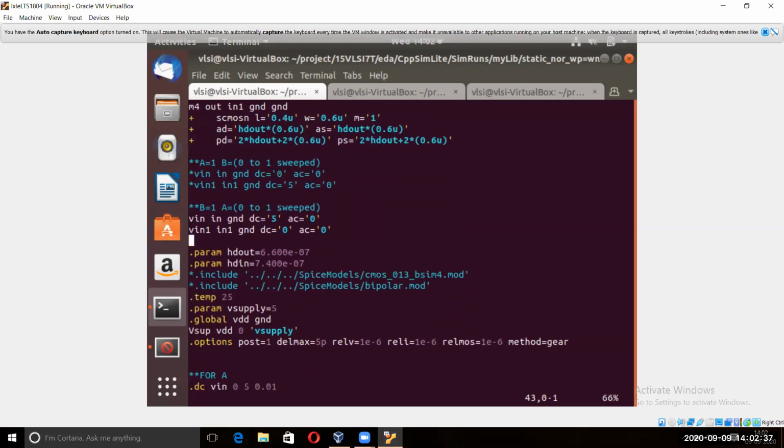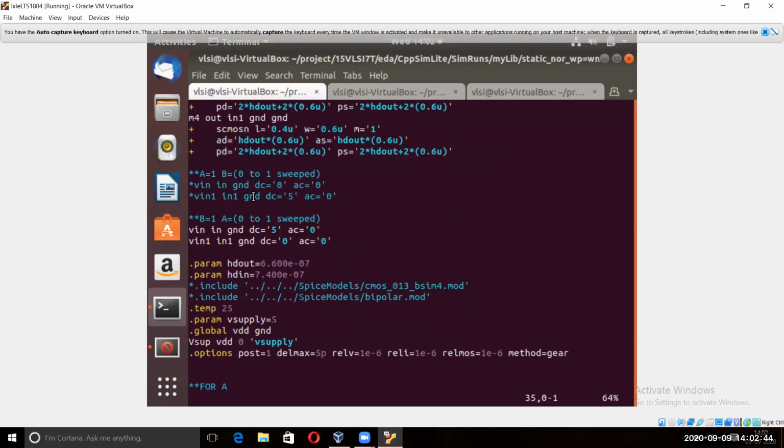Did you understand what I've done here? She is keeping one constant, using two voltage sources. One is connected to B and another is connected to A. One time, the voltage source connected to B is constant, meaning VDD, and the other is changing from 0 to VDD.